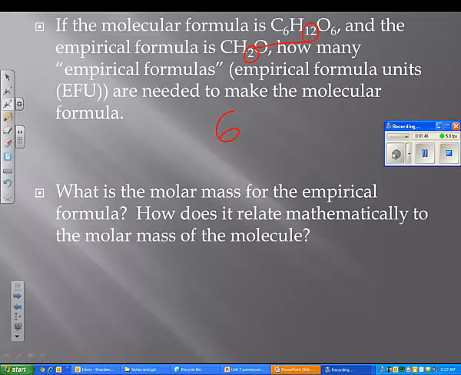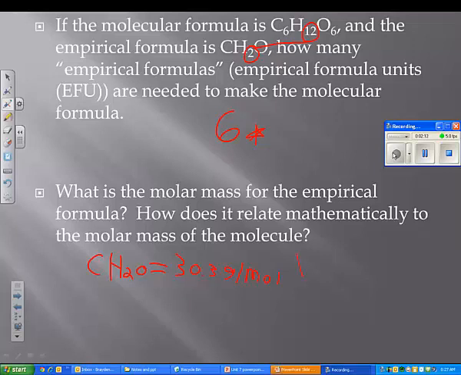So what is the molar mass for the empirical formula, and how does it relate mathematically to the molar mass of the molecule? That's a lot of words. Just to say, CH2O has a molar mass of 30.03 grams. And how does it relate to the mass of the molecule? Well, remember we just said that there are 6 empirical formula units in every 1 molecular unit for this particular molecule.